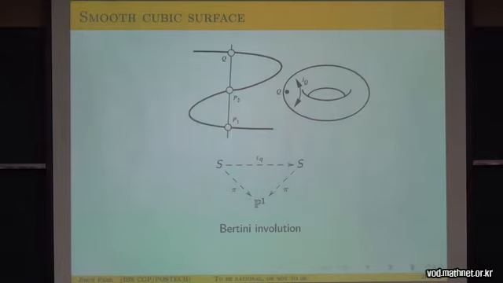Once you assign the identity, then you can define this involution, like you send the one point to the inverse. So that gives us another involution, which is called the Bertini involution. So here we can define the map from S to P1, where each fiber is an elliptic curve. In that way, you can define the involution, called the Bertini involution.